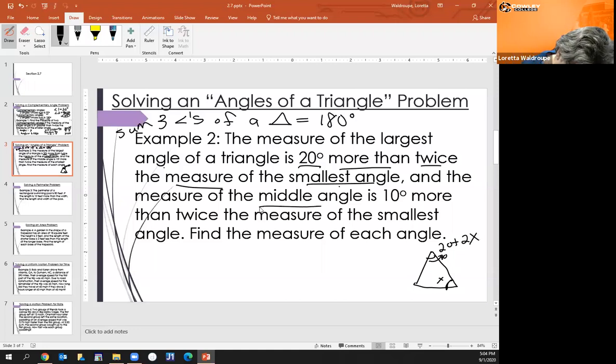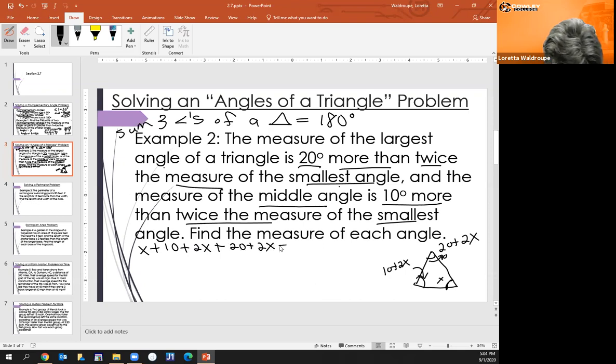The middle angle is 10 more than twice the smallest. So my middle angle here is 10 plus 2x. Adding them together, x plus 10 plus 2x plus 20 plus 2x, and their sum is 180.